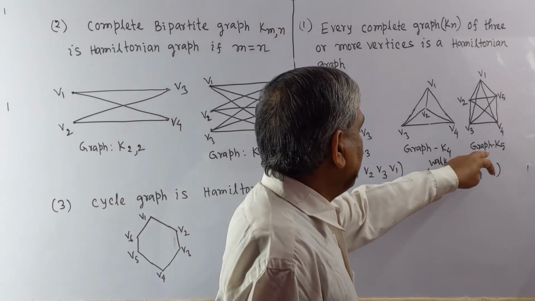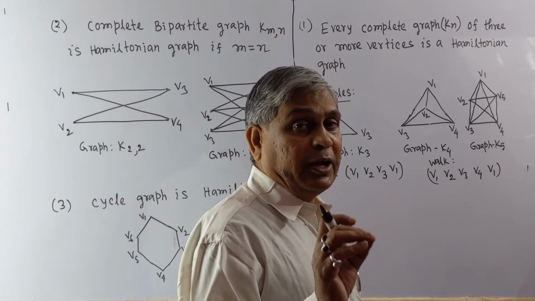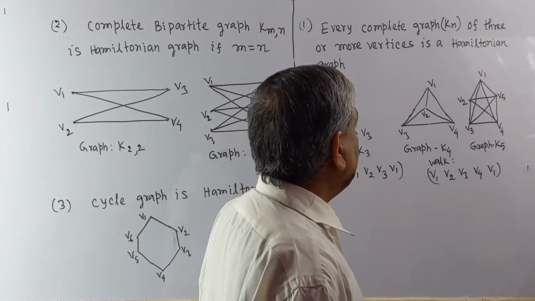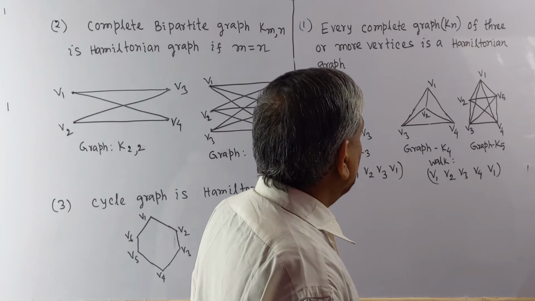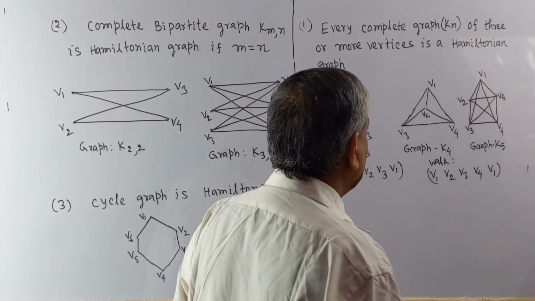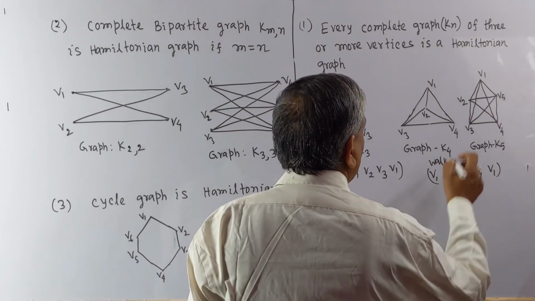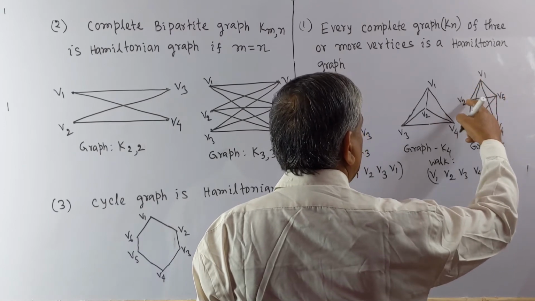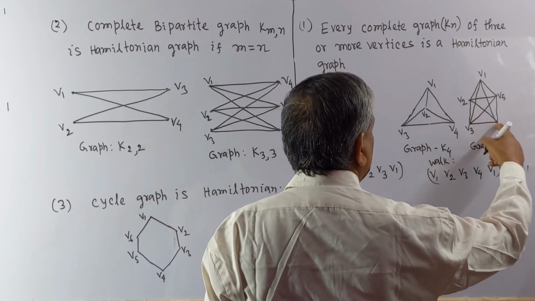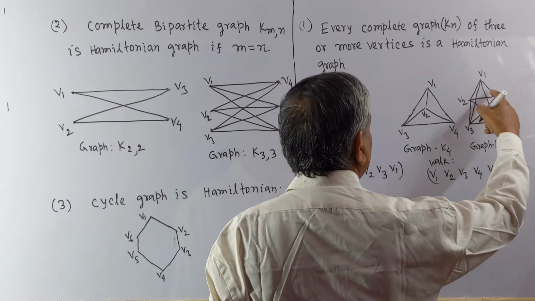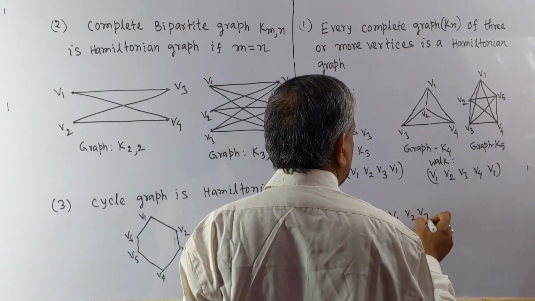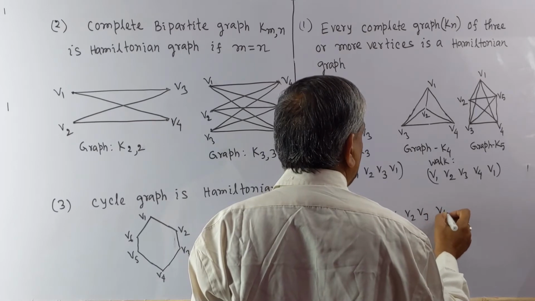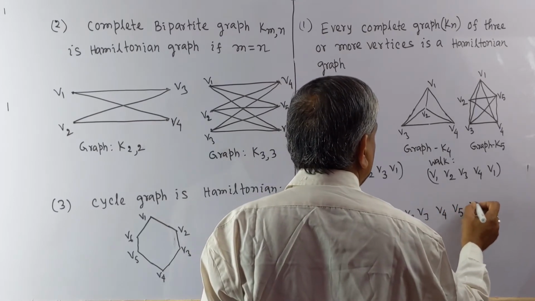Similarly, graph K5, complete graph K5. Here we see 5 vertices. We may take the walk as V1, V2, V3, V4, V5, V1.